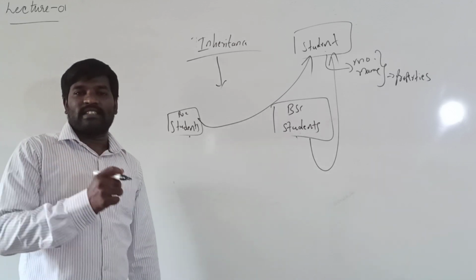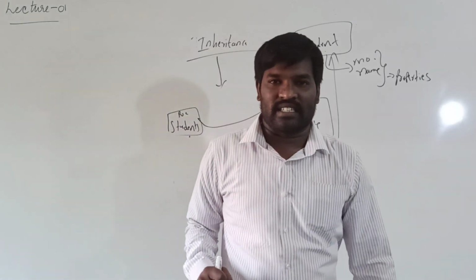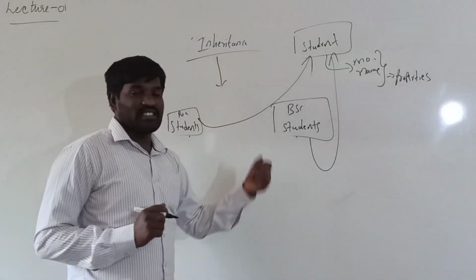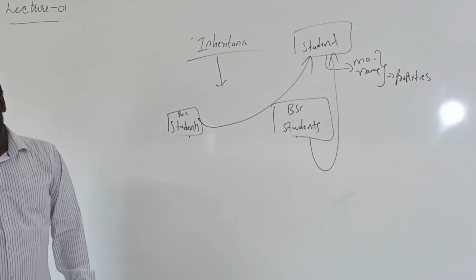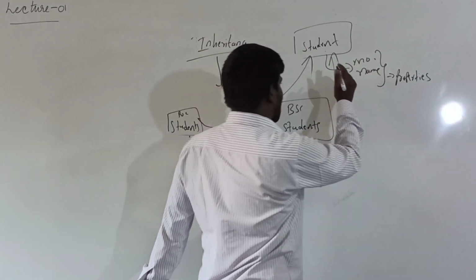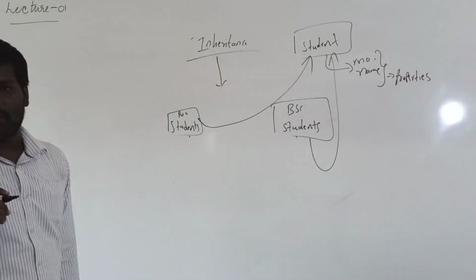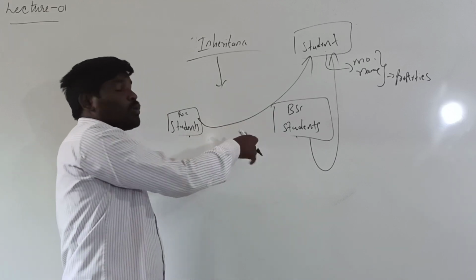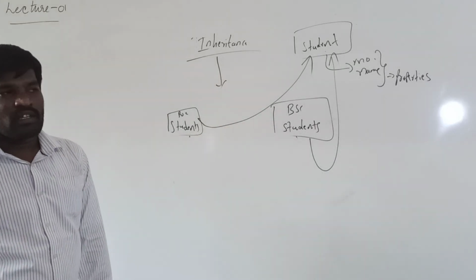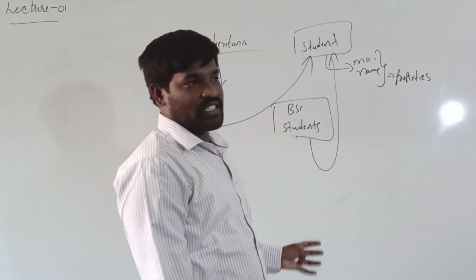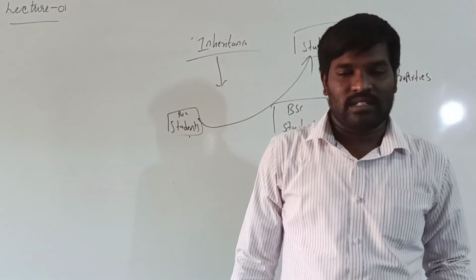Then why do we study it? What is the advantage of using inheritance? The first main advantage is reusability. See here, roll number and name can be declared only one time, but these two properties can be used more than one time. Without inheritance also, it is possible to write the program.